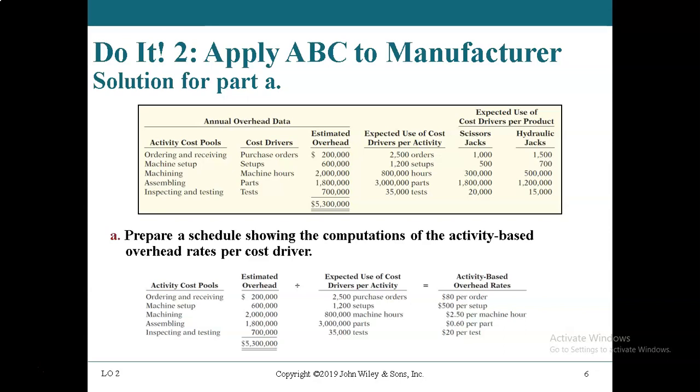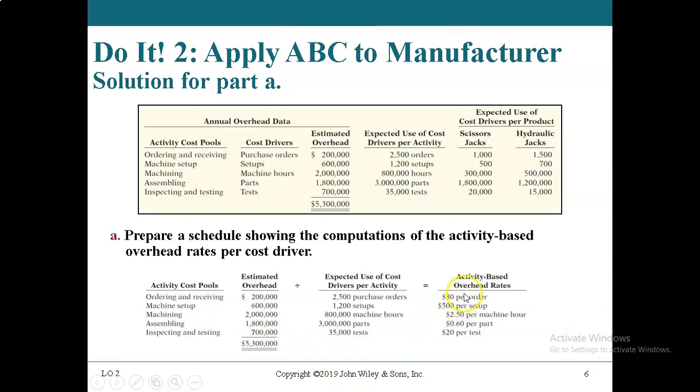It's 2,500. So the rate equals $80. How much is the total machine setup cost? $600,000. How many total setups do you expect to have? 1,200. So what's 600,000 divided by 1,200? It's 500. So you can see that we have different rates for each activity.